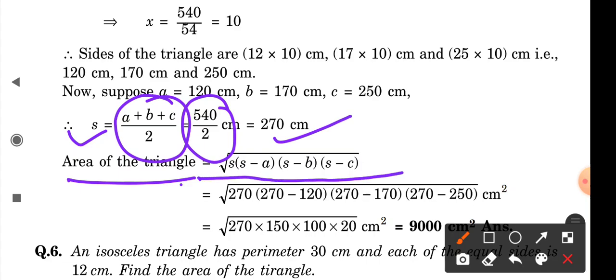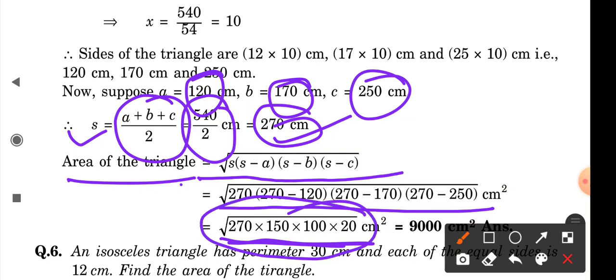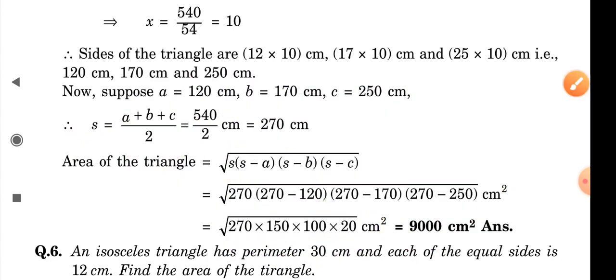We will substitute all the values: S is equal to 270, a is 120, b is 170 and c is 250. I told you in my previous video also, don't multiply all these, just split them up into factors so that you can easily find out the under root. So you can see that now the answer is 9,000 centimeters square.